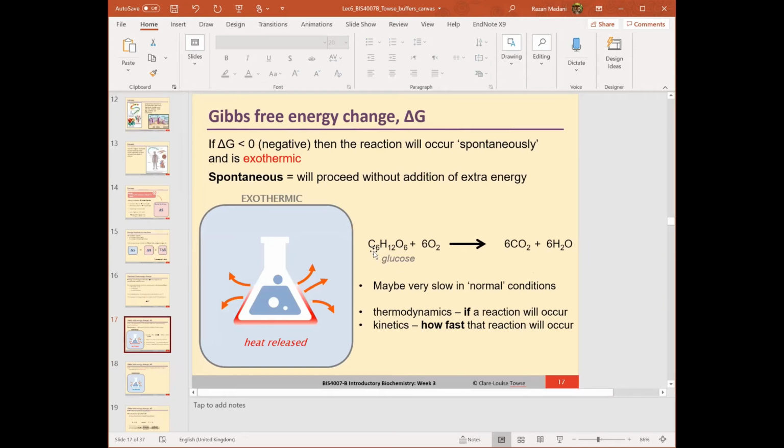So here they gave us an equation about glucose plus oxygen. What do you think this is, endothermic or exothermic? Probably exothermic, it's giving out heat.